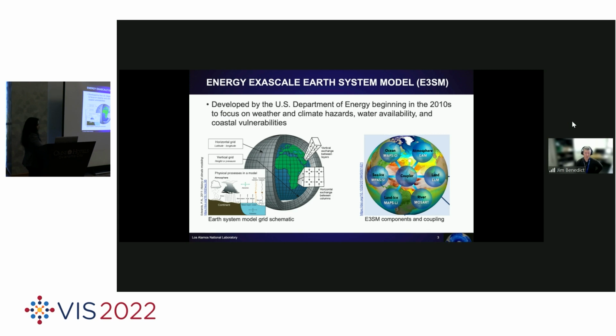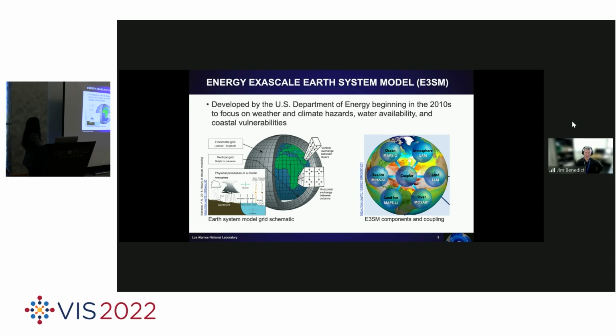Like most climate models, E3SM uses mathematical equations that are discretized on a three-dimensional grid mesh that includes grid cells along both the horizontal and vertical axes. You can kind of see this here in the left figure. Grid cells communicate to each other through processes like advection, energy fluxes, and diffusion.